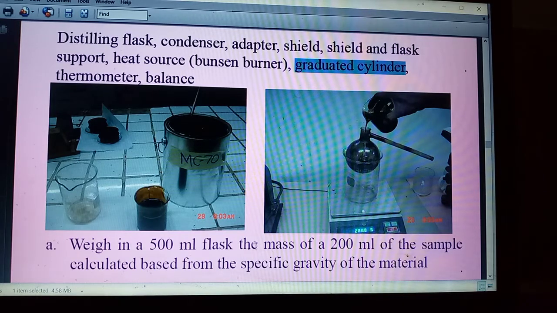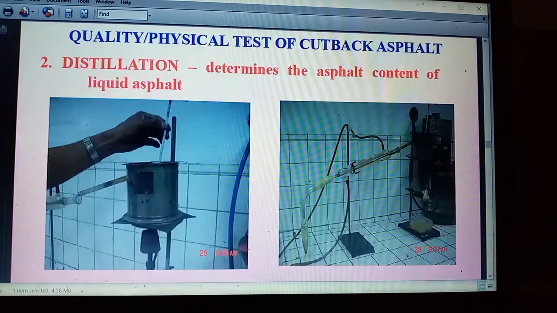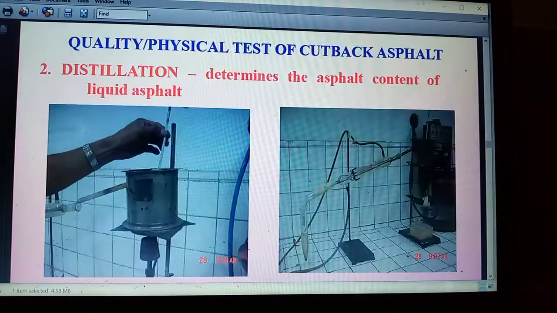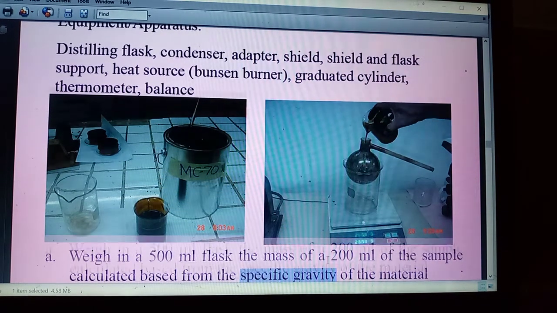Then, ang ilalagay mo na sample is 200 ml, yung sample ng liquid cutback asphalt mo, based on the specific gravity of material. Dapat computed nyo na yung specific gravity ng material bago kayo maka-perform nitong distillation.